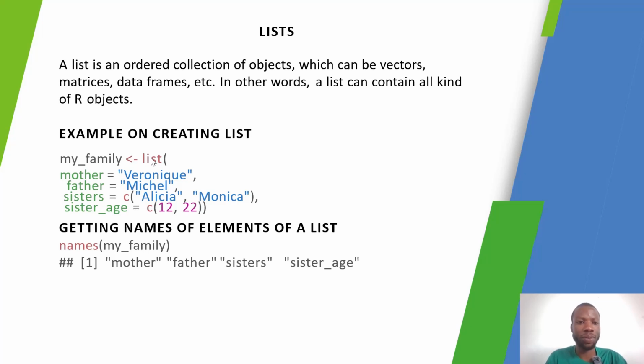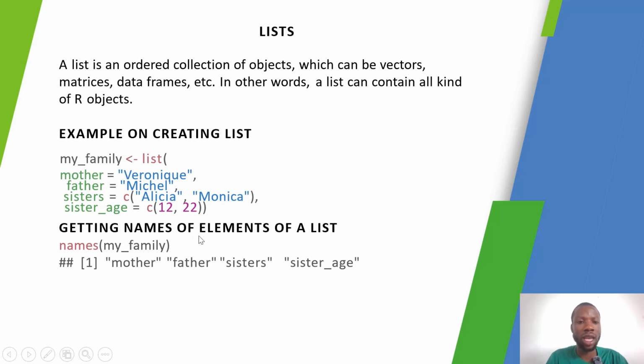If we are creating a list, this is an example. We use a function called list when we are trying to create the list. So I'm creating a list of mothers, fathers, sisters, and the sisters' ages. Those are the lists that I'm trying to make.